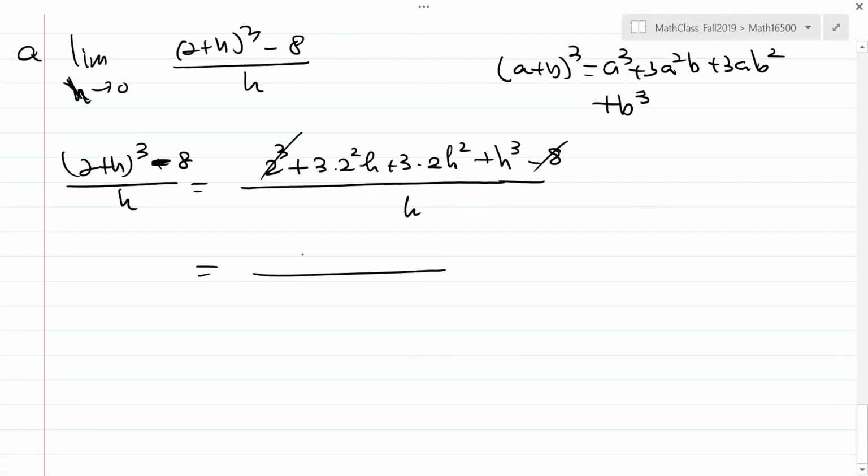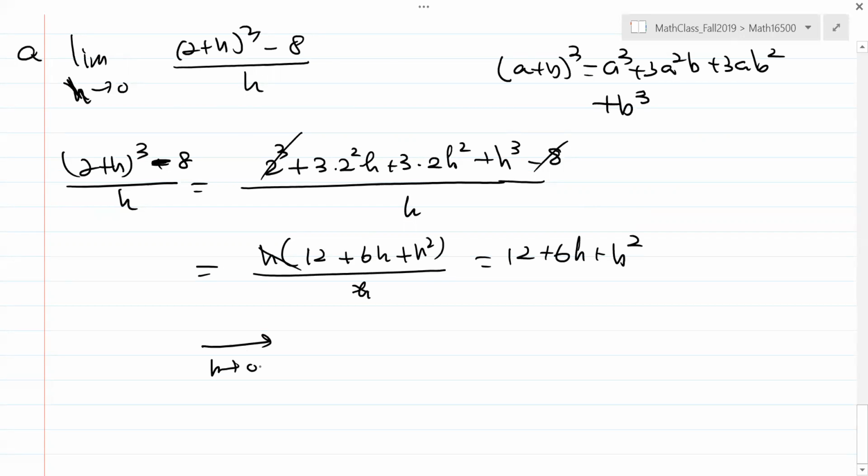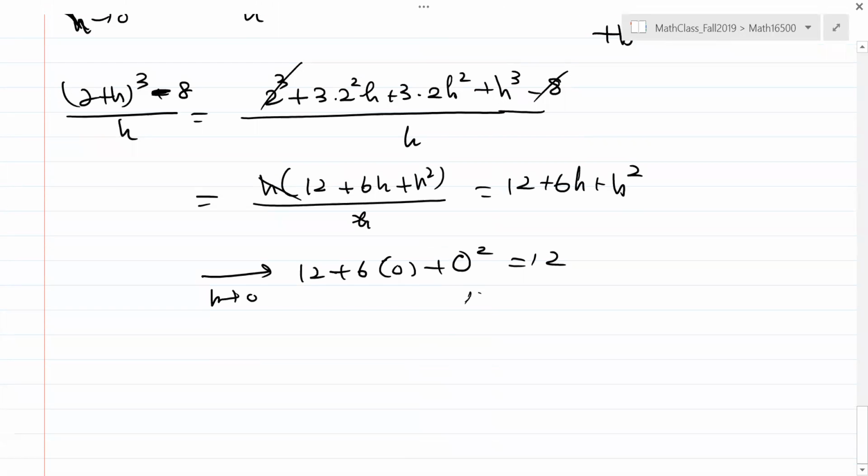So if we take h out, this is going to be 12 plus 6h plus h squared. Then h is cancelled out. And then clearly when h approaches 0, this will be 12 plus 6 times 0 plus 0 squared, which is 12. So we got this result.